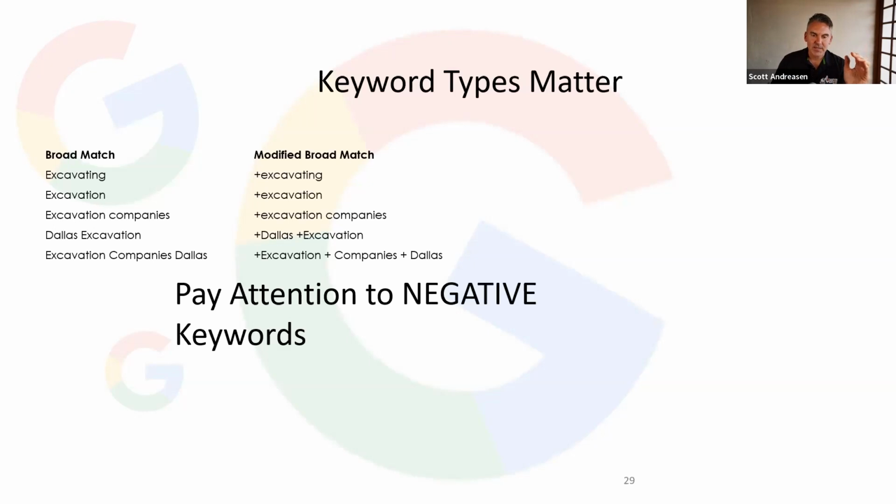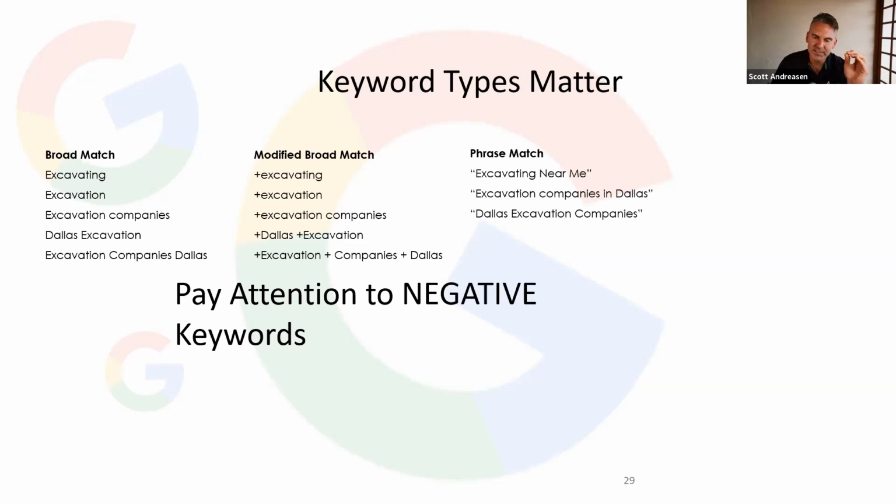So they could type in, find me an excavating company. If someone were to, for instance, do a voice search, find me an excavating company. With this modified broad match here, you would show up because anything they type in front of that keyword would count.